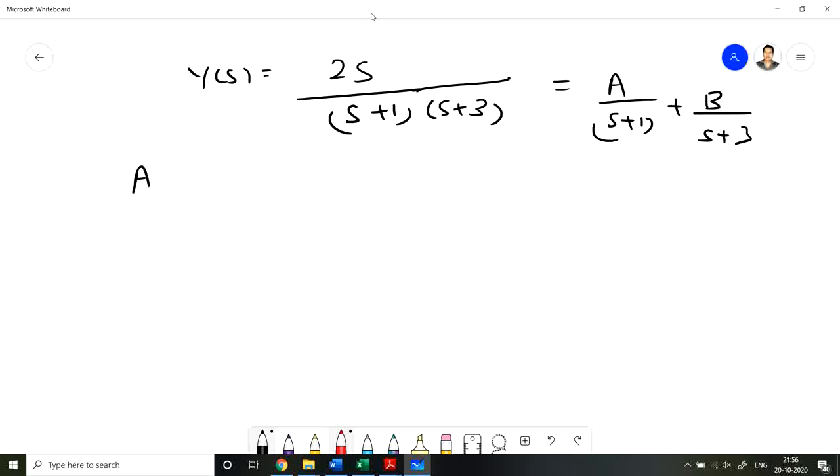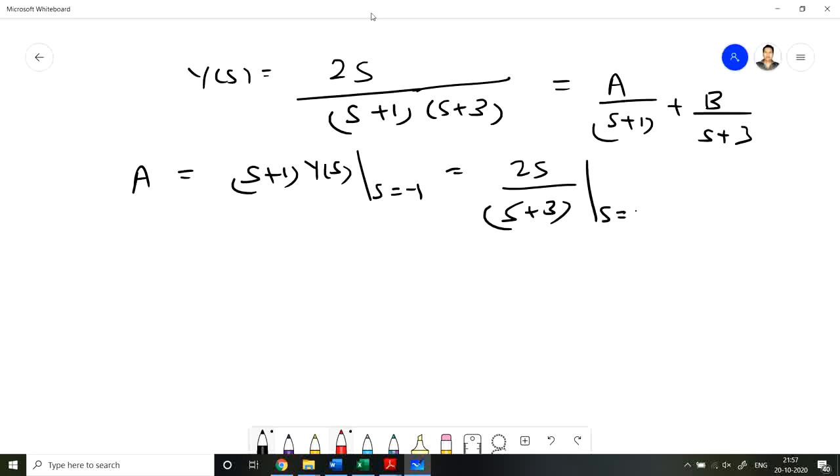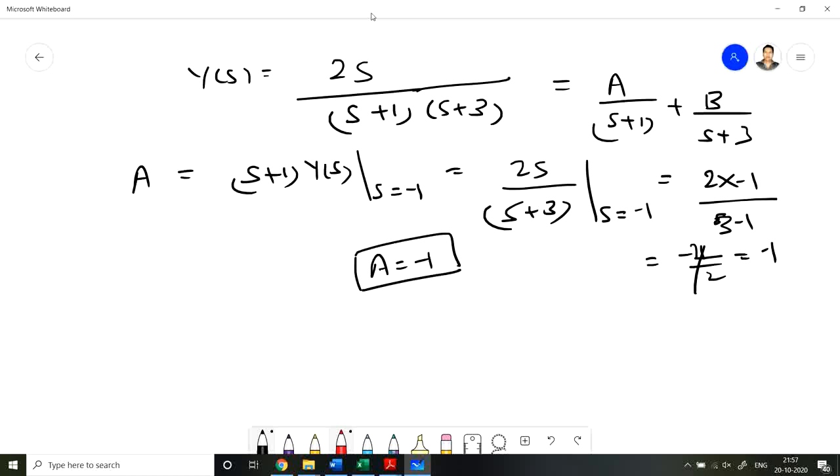So how to get A? A is s plus 1 multiplied by Ys at s equals minus 1. So it equals 2s divided by s plus 3 at s equals minus 1, which is 2 into minus 1 divided by 3 minus 1, so minus 2 divided by 2, which equals minus 1. So A is equal to minus 1.